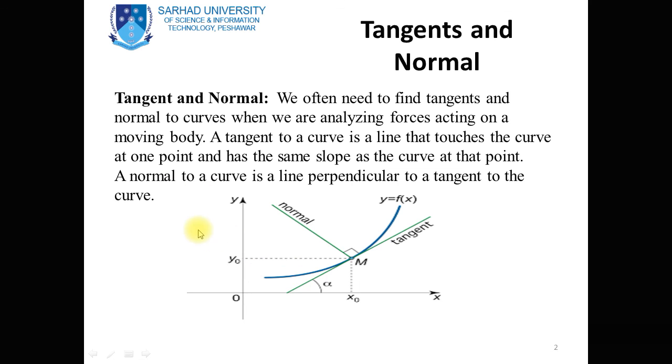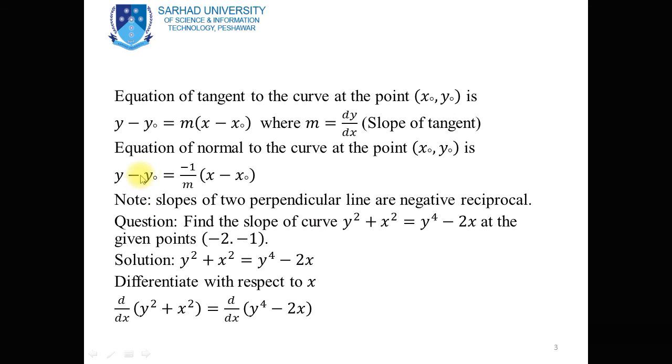So x naught and y naught are already given, but m is not given. This small m represents the slope. First of all, we find the slope m. This slope m is actually dy by dx, so this is the application of the derivative. By using the derivative, we can find the slope of the tangent line to the given curve.